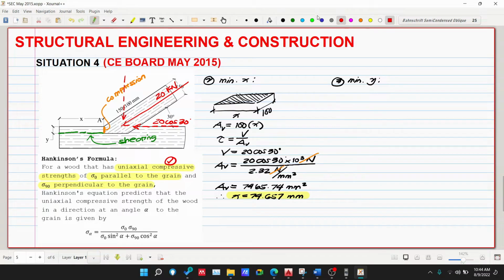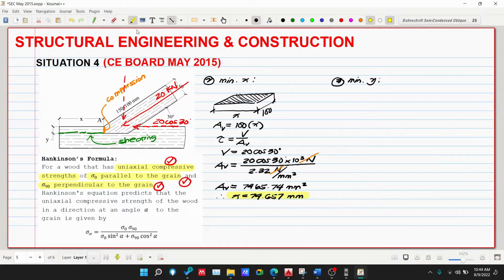Okay? So, ibig sabihin, yung area daw na to, or section na to, na merong uniaxial compressive strength kung saan meron tayong stress na parallel sa grain and at the same time perpendicular sa grain. So, okay na naman tayo dyan.